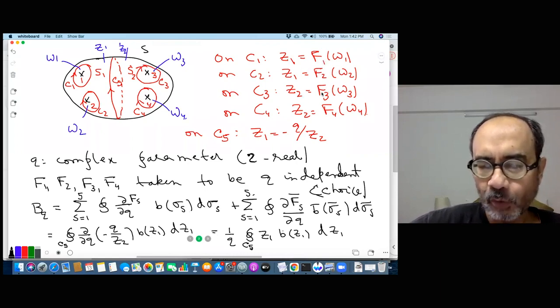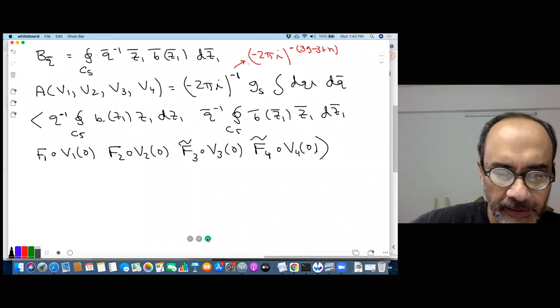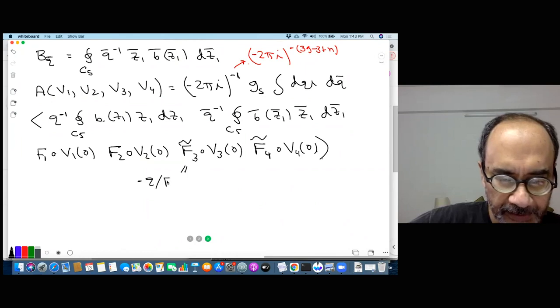But here, what I need to do is to write things in terms of z1. So z1 is minus q over z2, so it's minus q over f3. That's what I'm calling f3 tilde. So f3 tilde of w3 is minus q over f3 of w3.